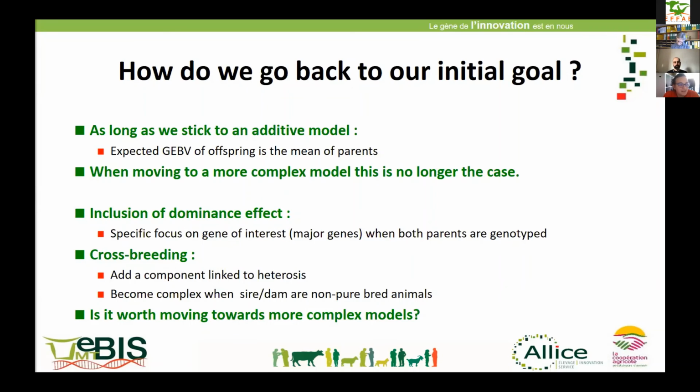So we can include some dominance effect, but it means that we cannot include effects for all the SNP, but maybe we can focus on genes of interest or major genes when both parents are genotyped, and include it and adjust the GEBV of offspring.